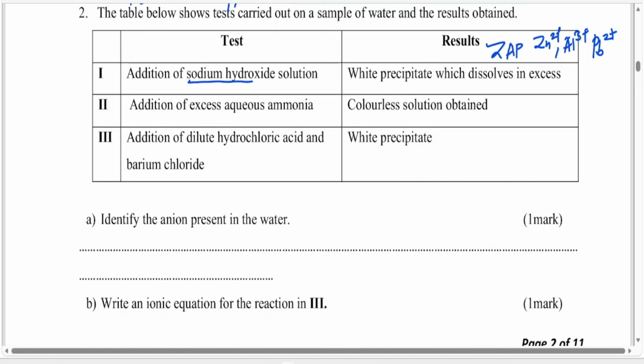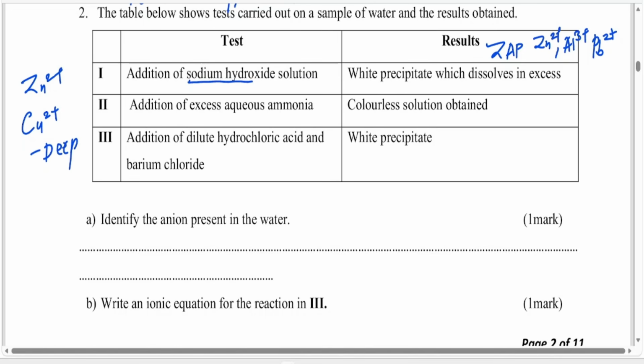test 2, addition of excess aqueous ammonia. When excess aqueous ammonia was added, we know very well that we have 2 cations that dissolve in excess, zinc 2 ions, and we also have copper 2 ions. But we need to take note that copper 2 ions dissolve to form a deep blue solution.